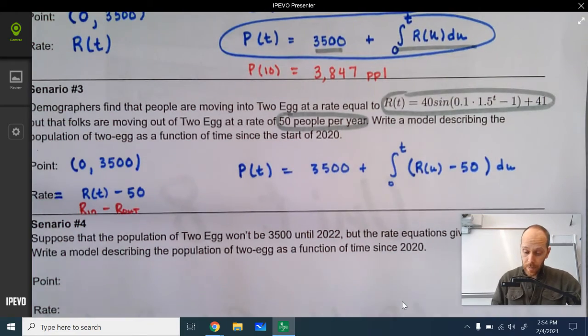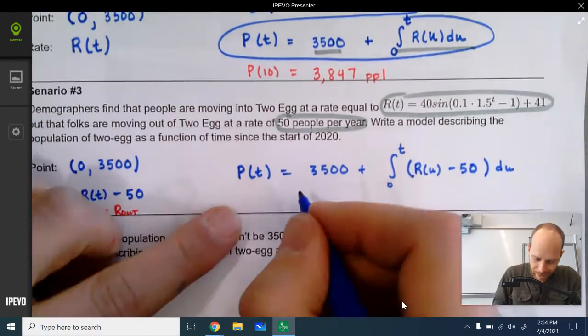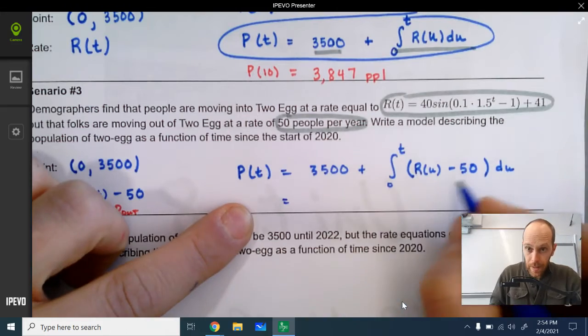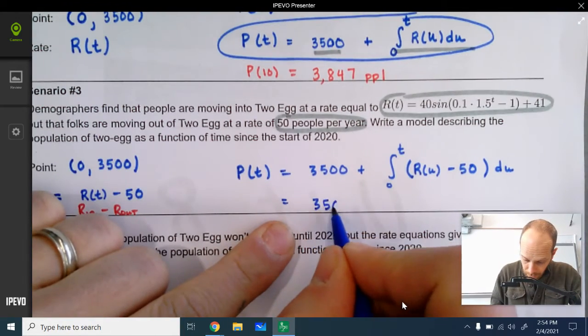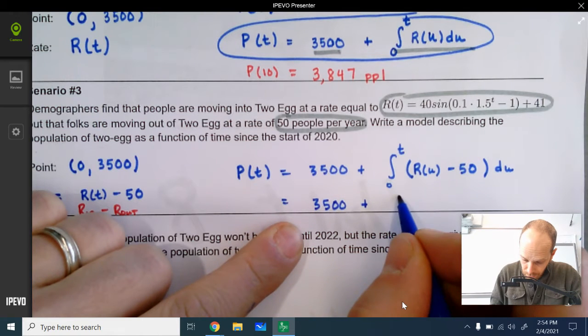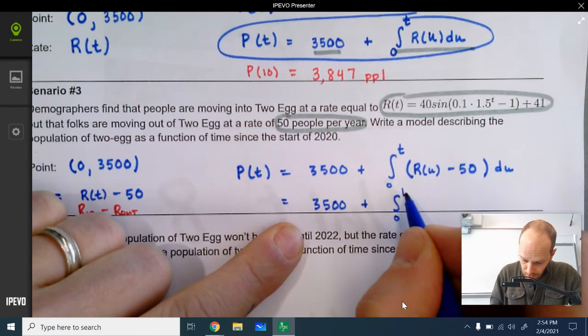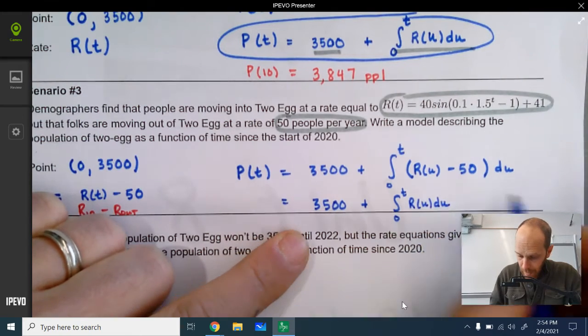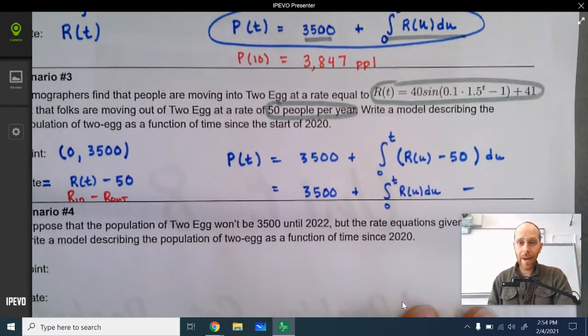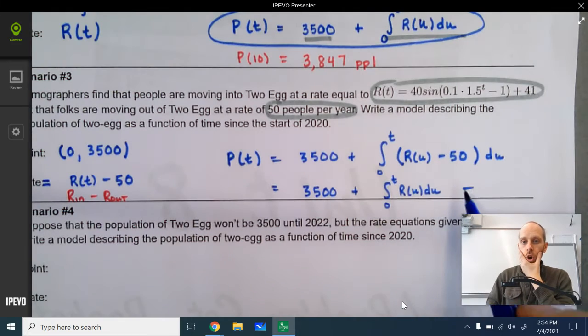And I'd like to note that there's another way that you could write this. You could say 3,500 plus, and then you could just do the rate in part. And then separately, you could subtract from it the total, right?